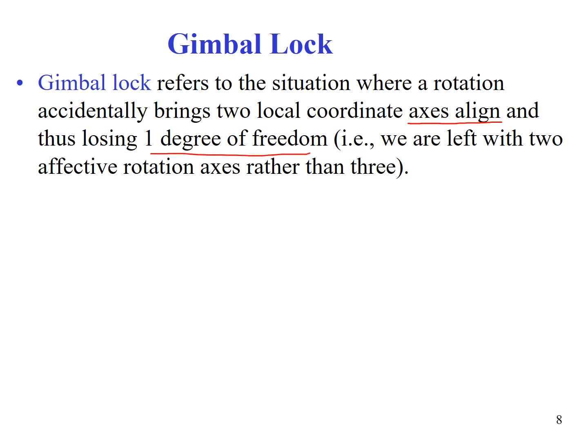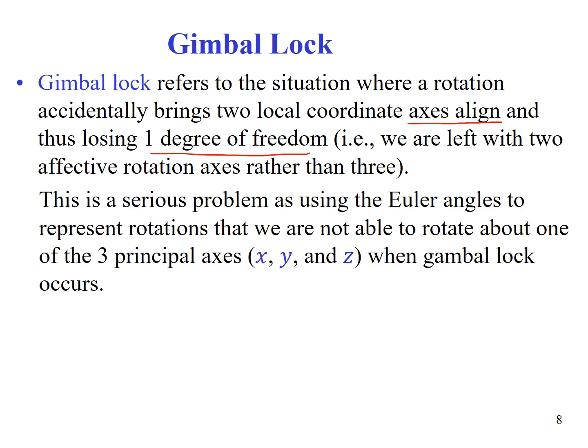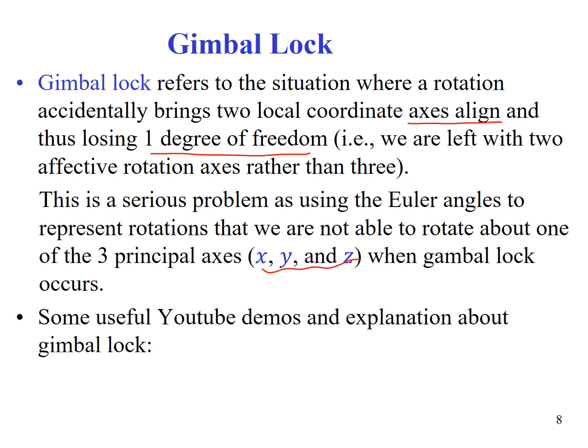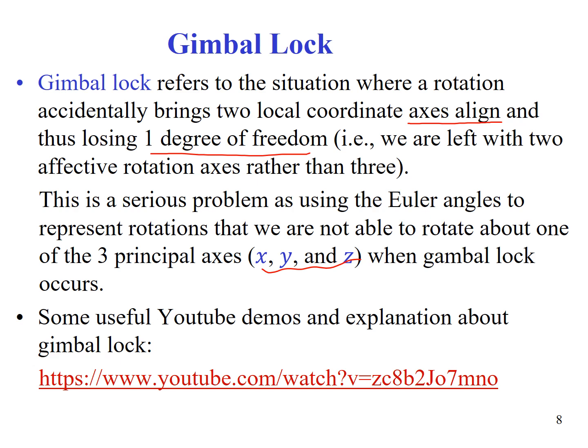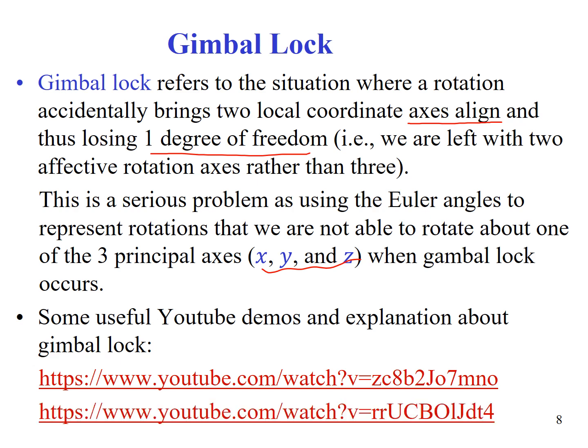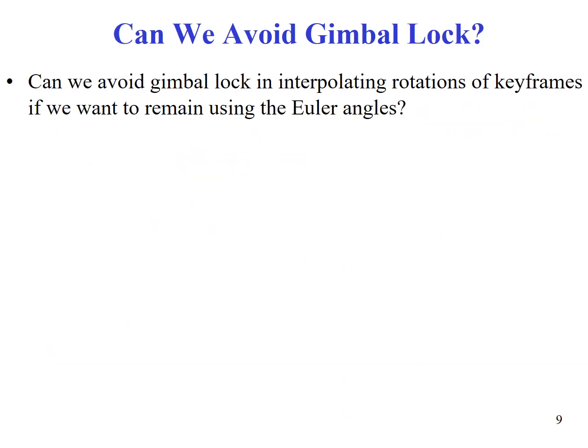Then you're only left with 2 effective rotation axes rather than 3. This is a serious problem, as when using Euler angles to represent rotations, we are not able to rotate about one of the 3 principal axes, X, Y, or Z, when Gimbal lock occurs. Some useful YouTube demos and explanations about Gimbal lock are given at these references.